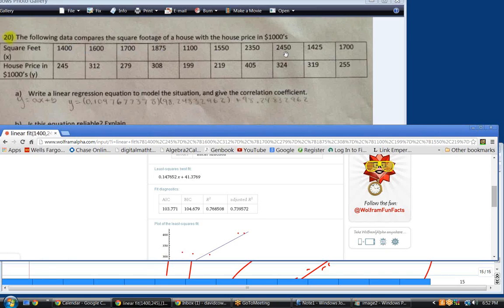So, could you use the equation we came up with to predict what the price of a house would be if it was 5,000 square feet? Yes. Well, you could use it, but how good of a predictor would it be?